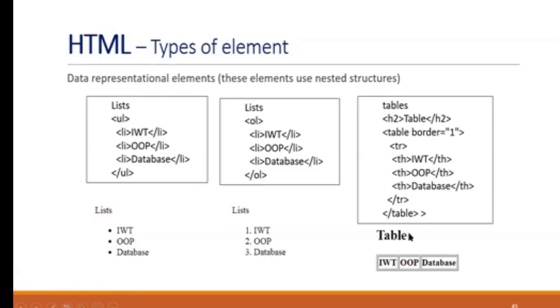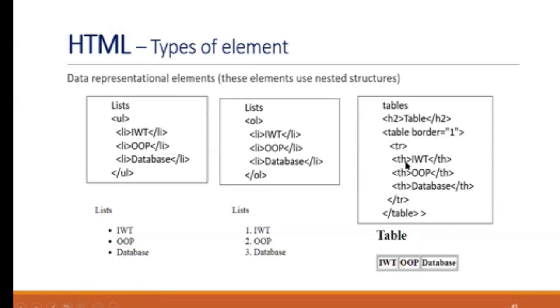And then a very important part of HTML: how we can add a table into an HTML page. It's very easy. You start with the table tag. Then you have to mention the border. If you do not mention the border, you will see the table without any border. So you mention the border as 1. Then your first row, you have 1 row here. Then you have 3 headings.